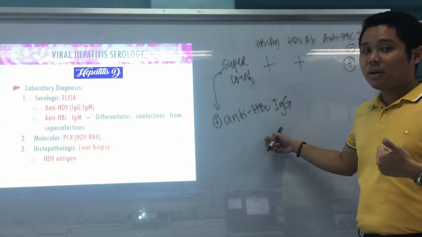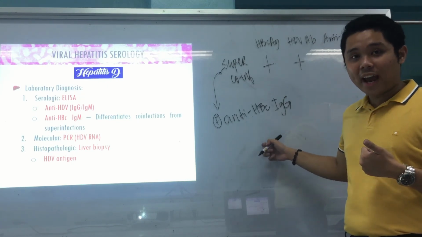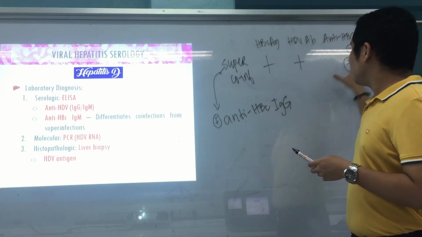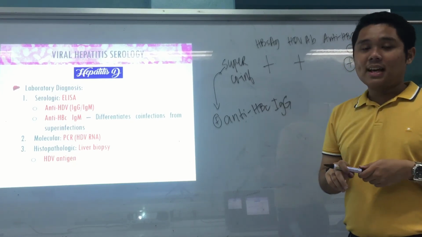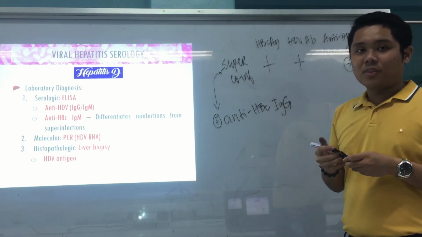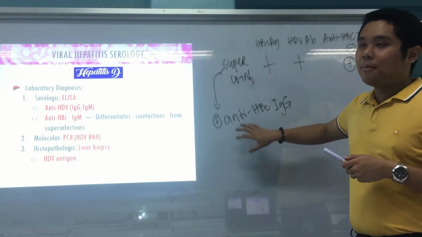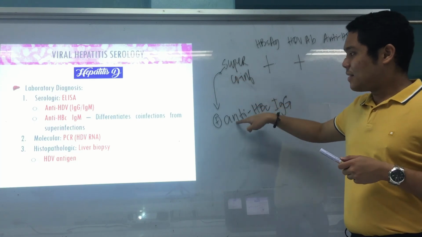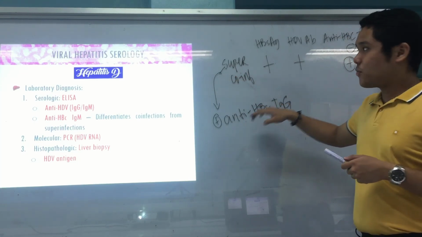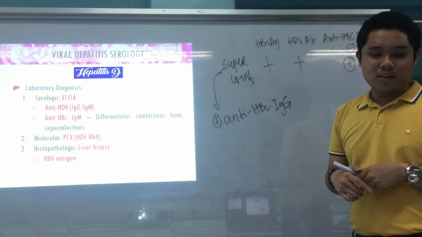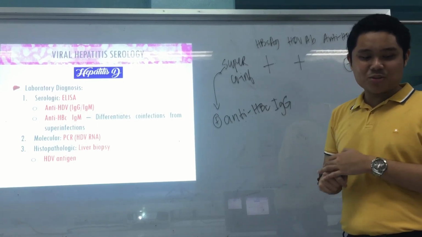Pero IgM, negative na. But we can differentiate through anti-HBC IgM. Okay? Alright. So opposite ang reaction sa anti-HBC IgG. Positive ang super infection, negative ang co-infection sa IgG. Pero for IgM, negative ang super infection, positive ang co-infection. Okay? Nagets na? I hope nagets ra.